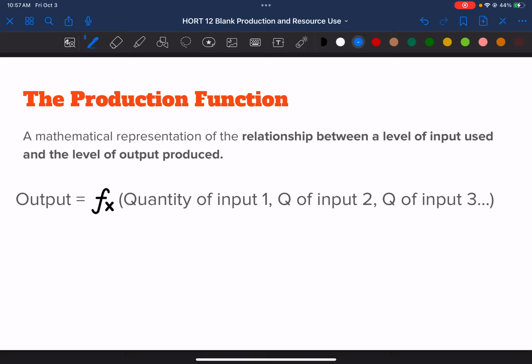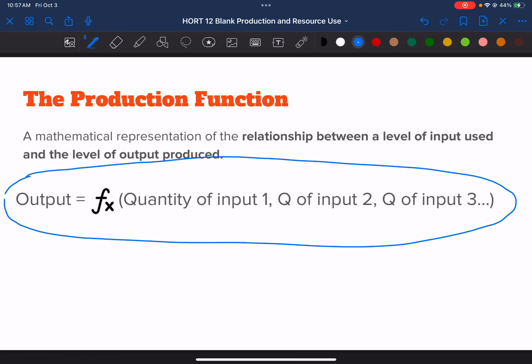You can't just take this thing, which is the production function, and plug some numbers into it just like this and get an answer. This is basically a statement that says that your output is a function of this f(x) symbol.